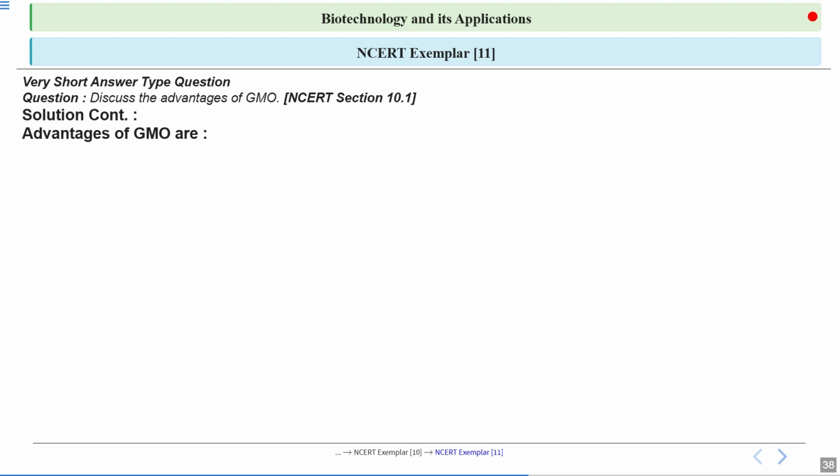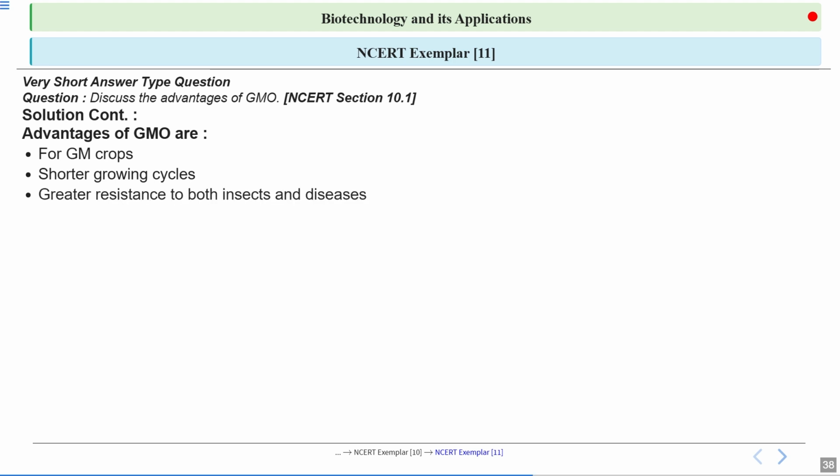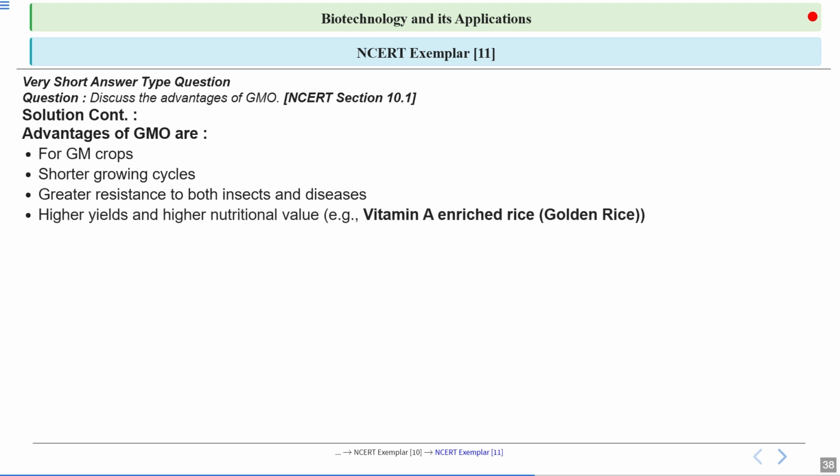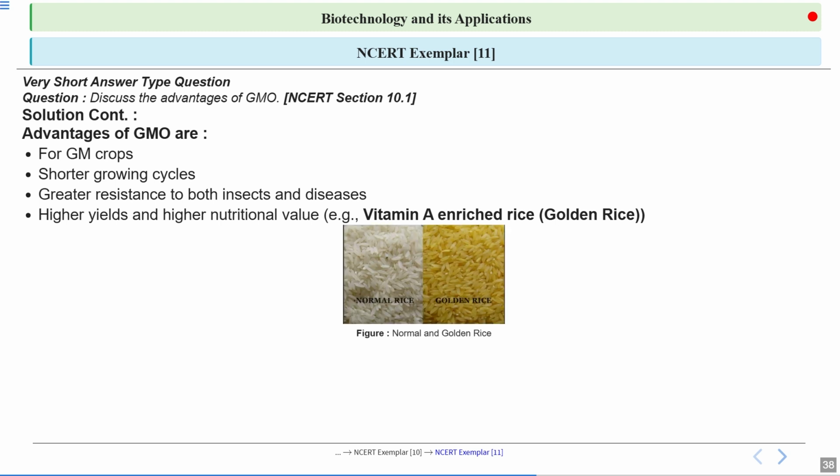So now what are the advantages of GMO? When we talk about GM crops, that is genetically modified crops, they can have shorter growing cycles, and greater resistance to pests, that is insects, and disease. They have higher yield and higher nutritional value, as we talked about vitamin A enriched rice, that is golden rice.